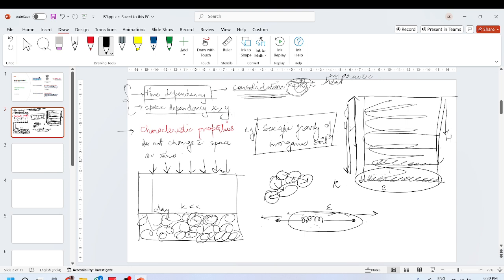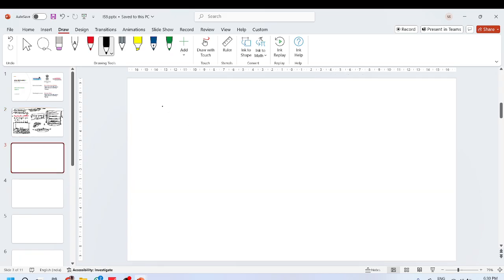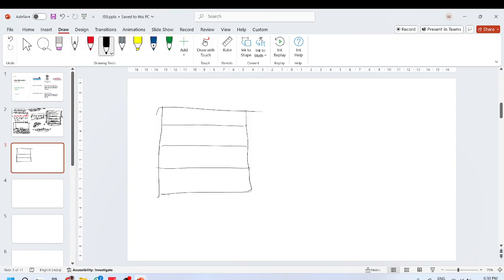In the same manner, if we talk about soil, think about it as a system made up of springs.